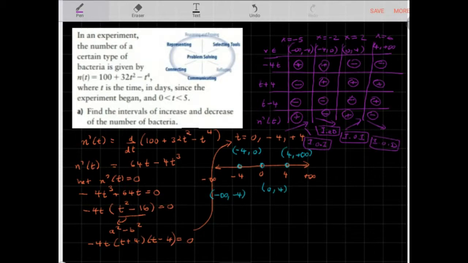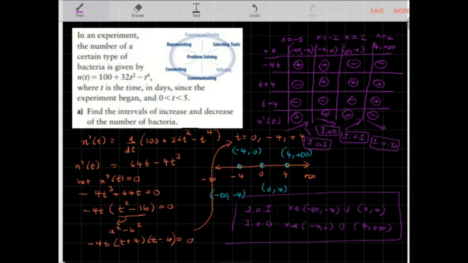In this case, our intervals of increase collectively are x belongs to negative infinity to negative 4, union 0 to 4, and our intervals of decrease collectively are x belongs to negative 4 to 0, union 4 to positive infinity. So those are your intervals of increase and decrease.